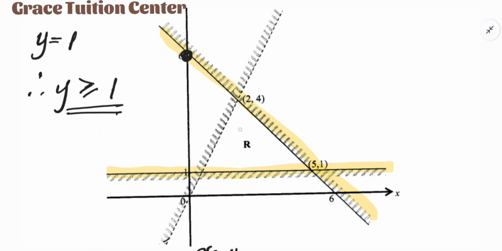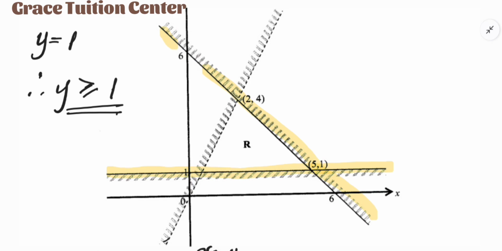Since the region is under the line, we know that all the numbers under 6 are less than 6, since this line is cutting where y is 6. So all the numbers under 6 are less than what? 6. So our symbol here is simply less than or equal to, because our line is solid and the region R is under 6.